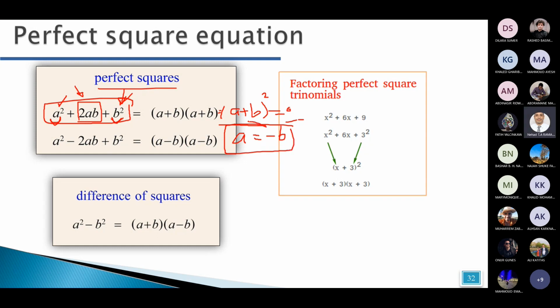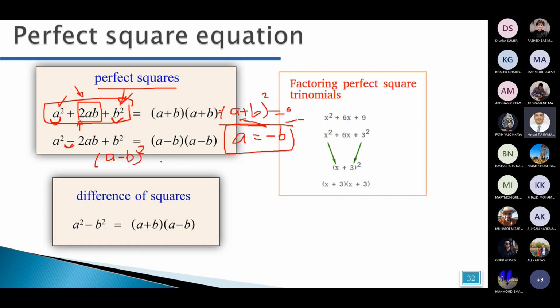Okay, this is for the perfect square. The difference of the perfect square is like this, same as the perfect square, but here we have minus 2ab. Then its solution is actually (a minus b) squared.